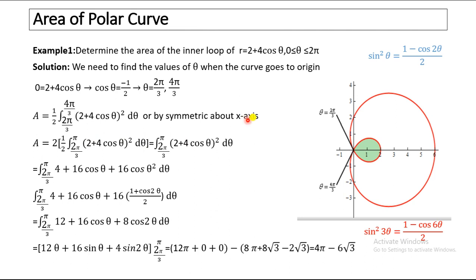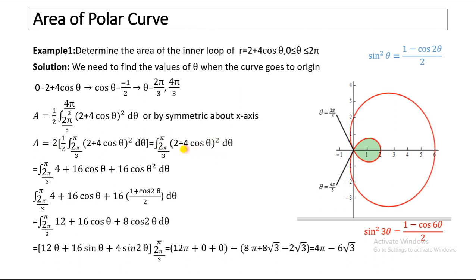By symmetry about the x-axis, the area equal 2 multiply by half integration from 2 pi over 3 until pi of 2 plus 4 cosine theta to power 2 d theta. 2 multiply by half is 1.